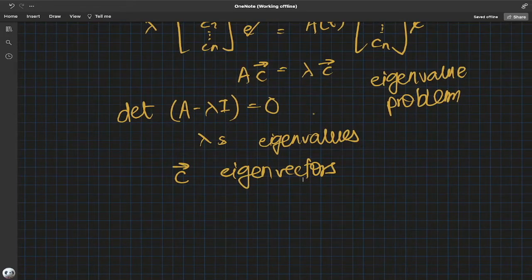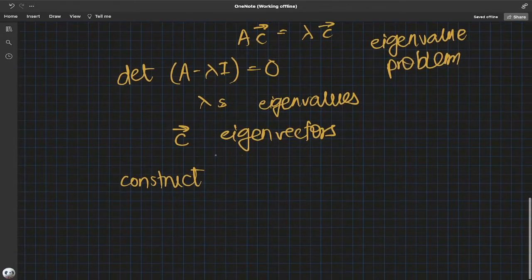And after finding all the eigenvectors, assuming there's no significant degeneracy in your system, which means there's no two different distinct eigenvectors associated with the same eigenvalue, you can construct a basis, and if the problem is well posed, you won't run into such problems.